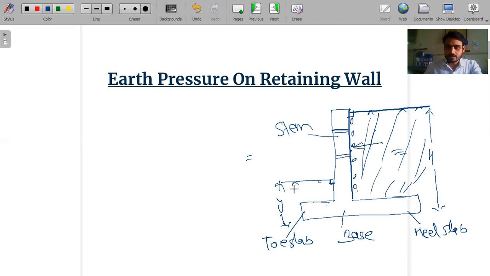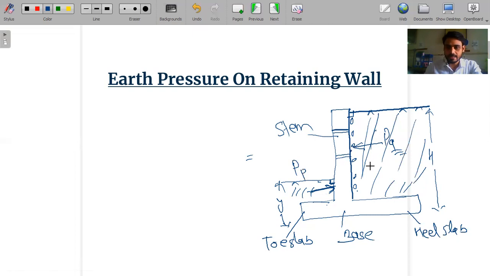And in that portion also there is soil, and that will also exert a pressure in that direction. The pressure by the backfill soil on the stem is called active earth pressure, and that is denoted by P at a height of capital H. And the pressure by the soil equal to the depth of footing acting on the stem is called passive earth pressure, and that is denoted by PP.